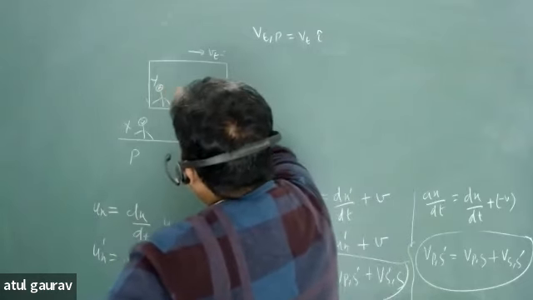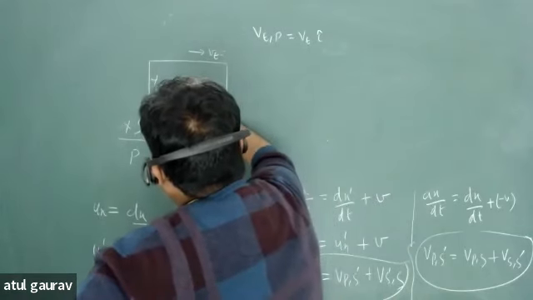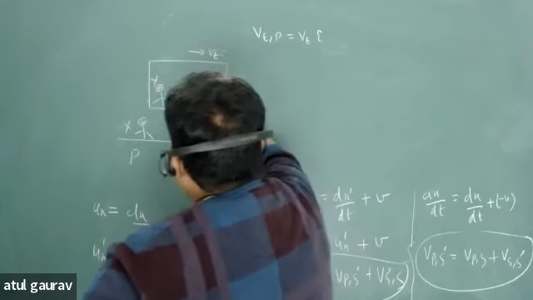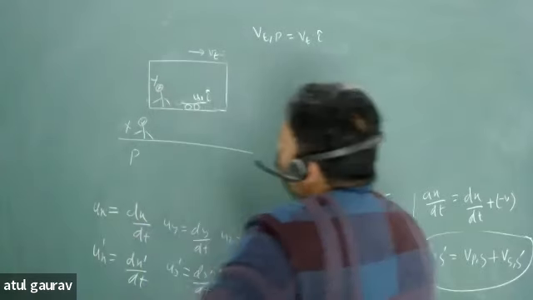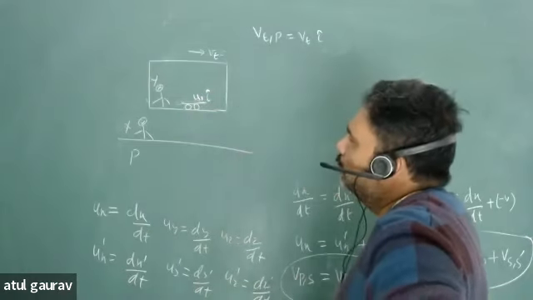So Y is going to measure this car with velocity u1 in the i cap direction.